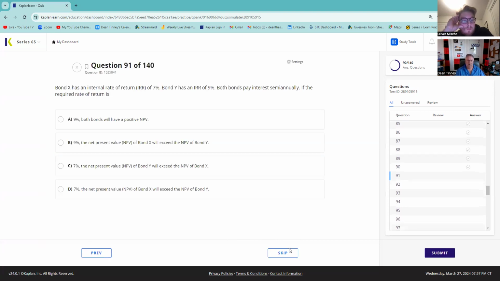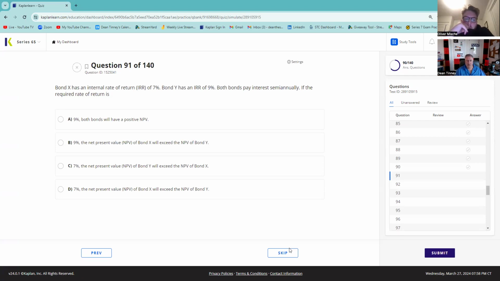Bond X has an internal rate of 7%. I would just translate that to yield to maturity. So bond X has a yield to maturity of 7, a fancy word, basis of 7. Bond Y has a yield to maturity or basis of 9. Both bonds pay interest semi-annually.